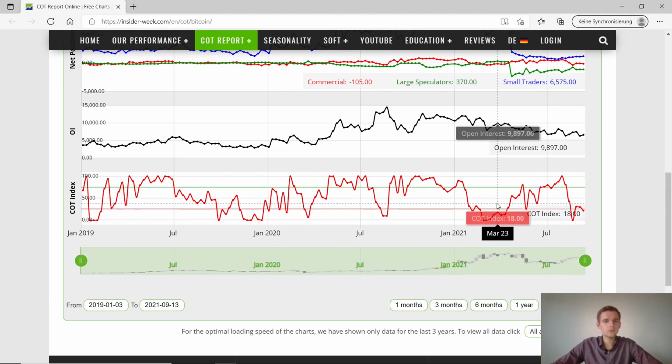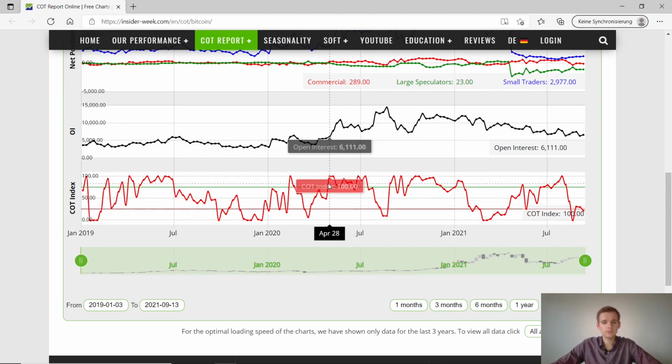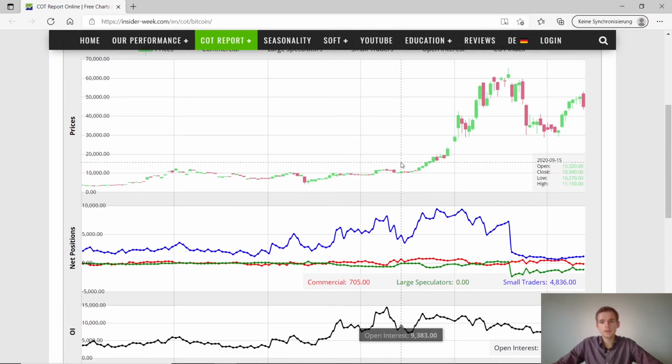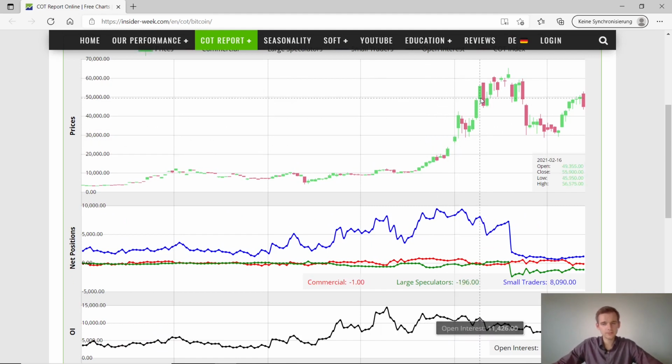If we pick any random point, for example, here April 28, the commercials have built an extreme long position. So that was a very bullish signal for us. Also, here you see when Bitcoin was rising very high in price, that was at the end of 2020 and the beginning of 2021.